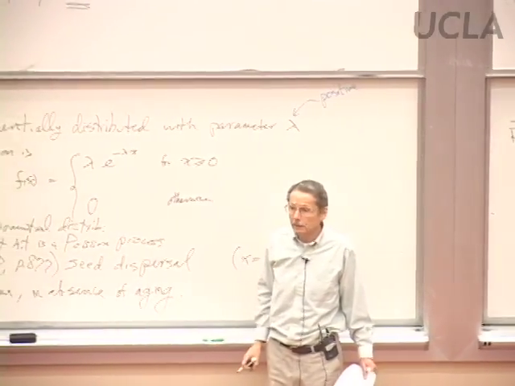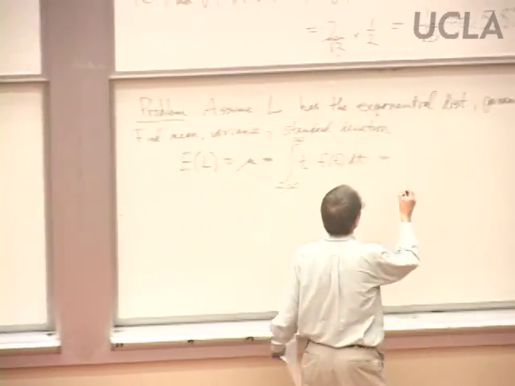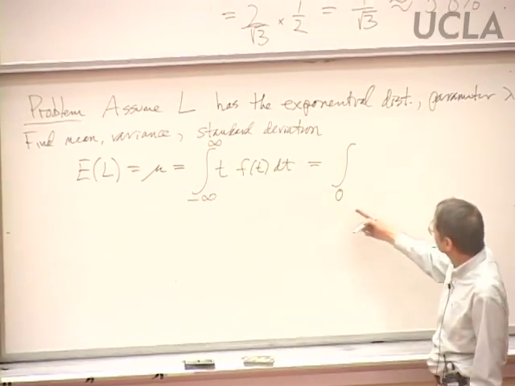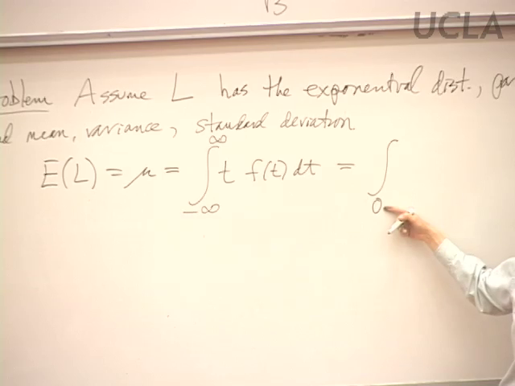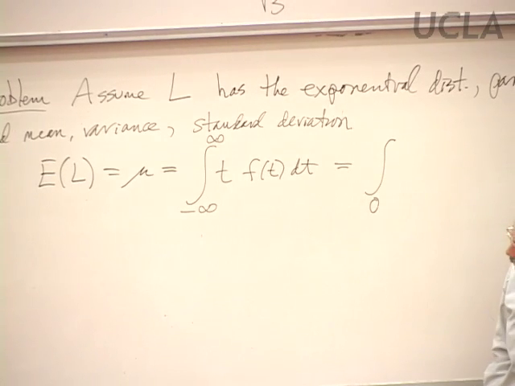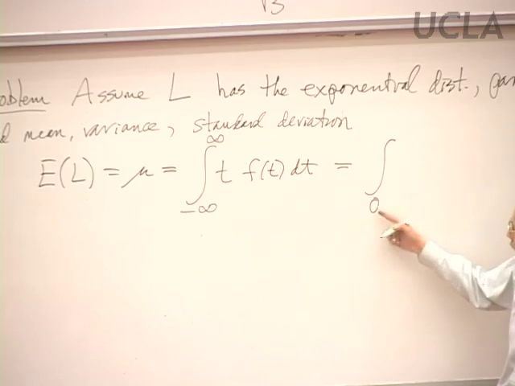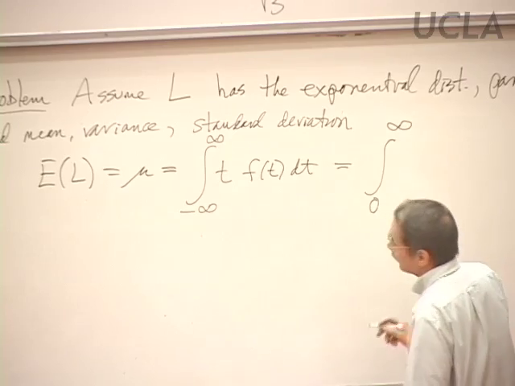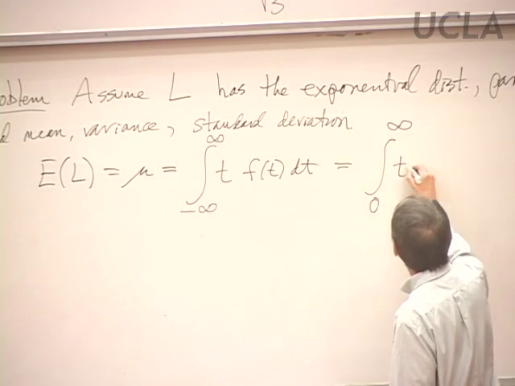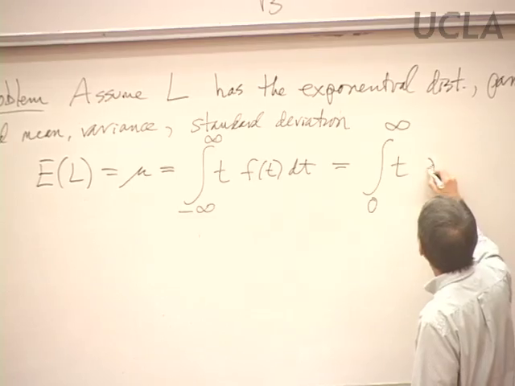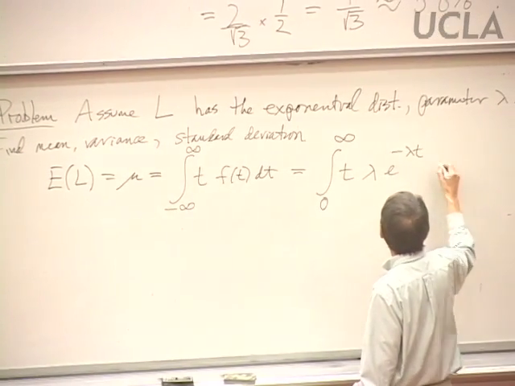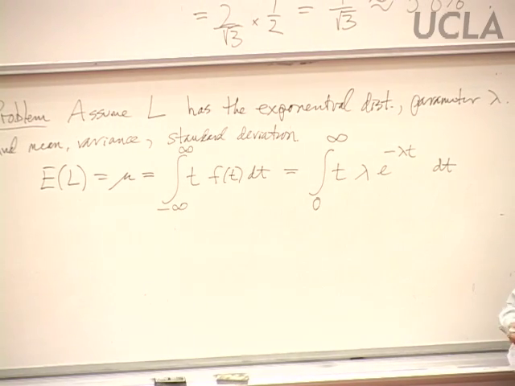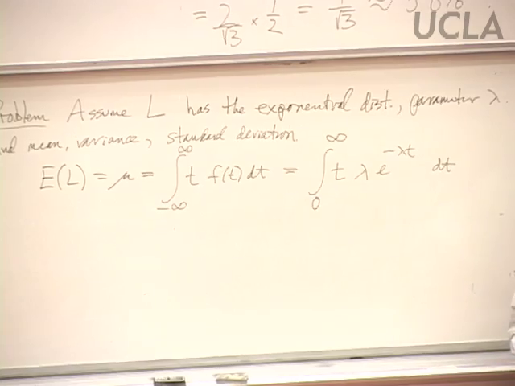Okay, so we'll plug that in. So the density is 0 for negative time, negative values of t. So that lambda e to the minus lambda t doesn't apply until we get up to time 0, and then it applies from 0 out to infinity. So we have t times the density, lambda e to the minus lambda t, and we want to evaluate this integral.